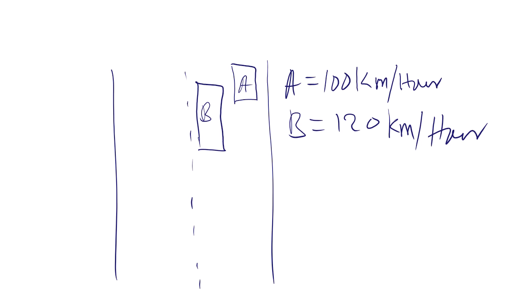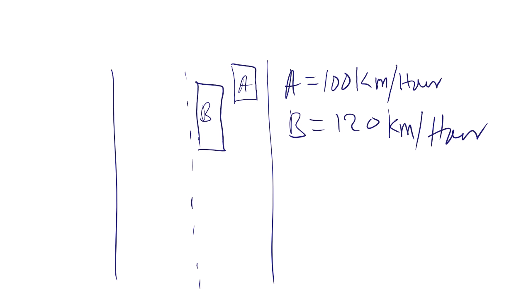Since both of them are moving, the person in car A will see that car B passes with a velocity of 20 kilometers per hour. Why? Because they are both moving, and car B will only pass with a speed of 20 kilometers per hour because car A is not static, it's also moving.